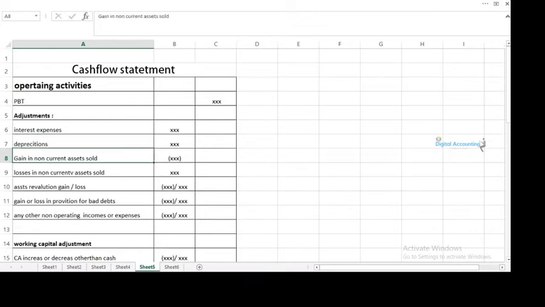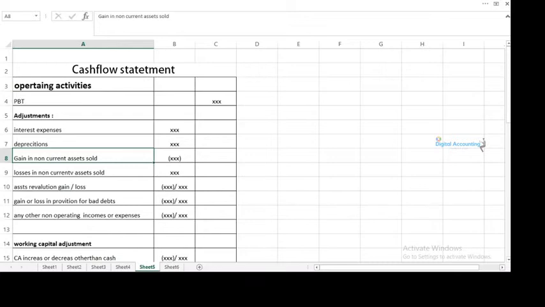Okay, let's move on. The gain on non-current assets sold. If you gain on some asset sale, there is a profit that may already be included. That is not a part of operating activities, because that income belongs to investing activities, not operating activities.